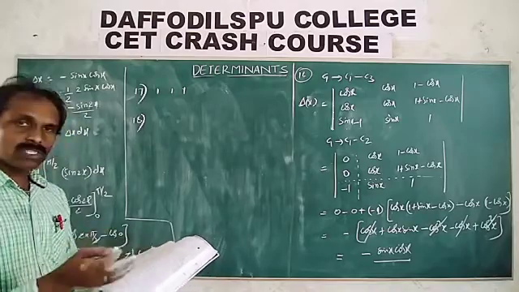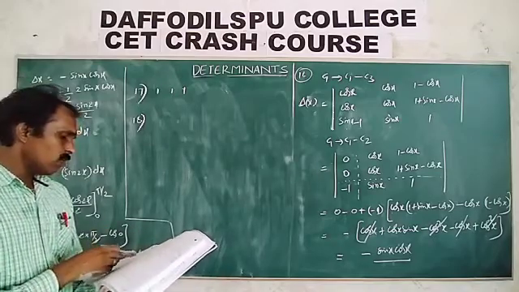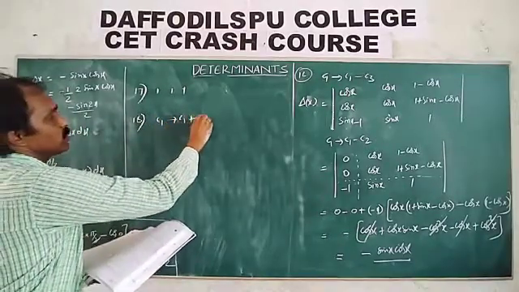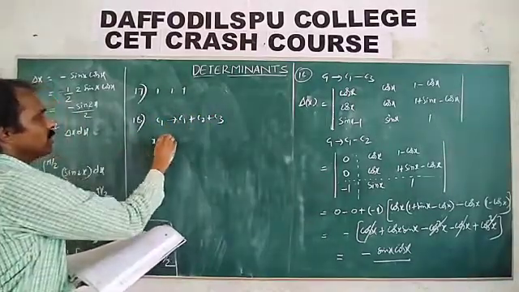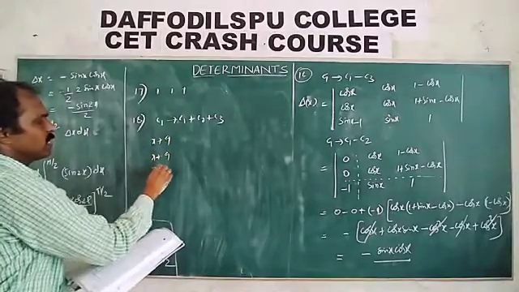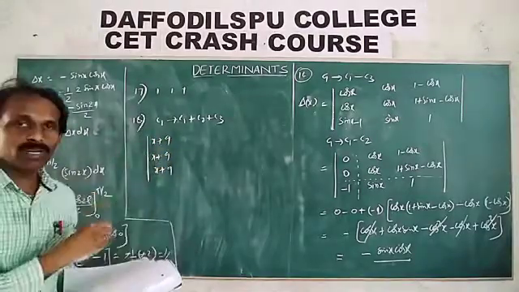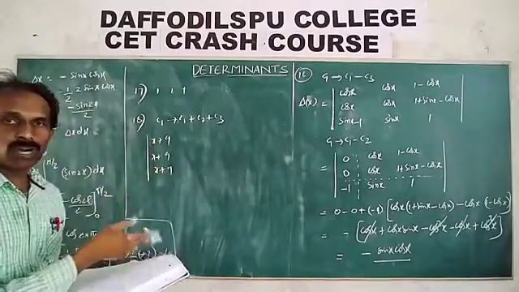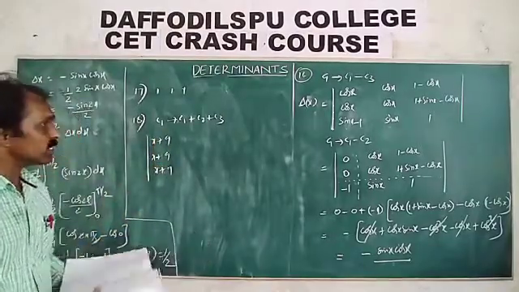Second row elements all add 5 plus 4 x plus, so apply the operation C1 plus C2 plus C3. Therefore all here are x plus 9, x plus 9, x plus 9. Take it common and find out.